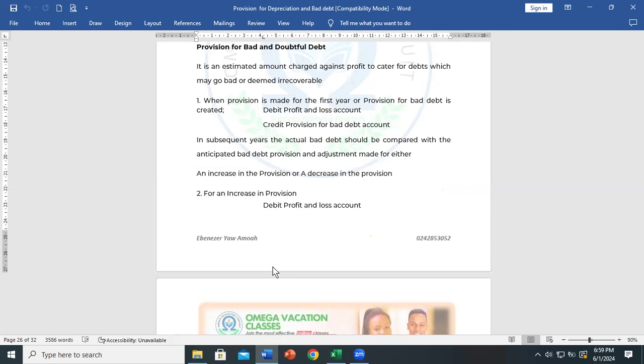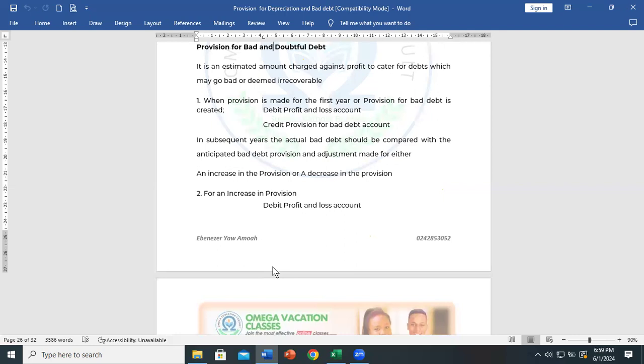And profit has a credit balance. So if you want to take some profit, you have to debit it. That is why we debit profit and loss account and then we credit provision for bad debt account. Now, if it so happens that when you vacate, the transport fare has increased, what will you do?